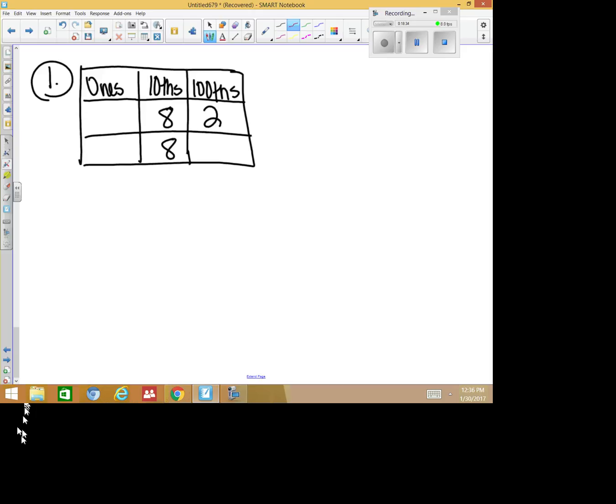I want you to write exactly what I write. What is this number as a decimal? 0.82. What is this one as a decimal? 0.8.